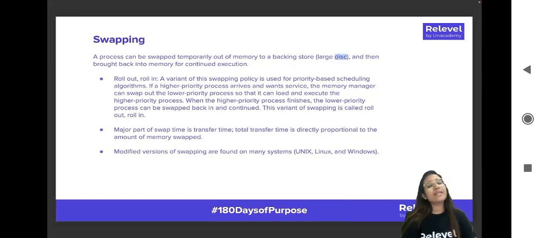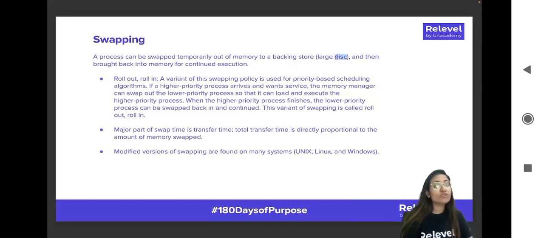Swapping is done sometimes so that if it's a low priority process, it can go back and some other process gets the memory for its execution. That is how we talk about the concept of swapping.